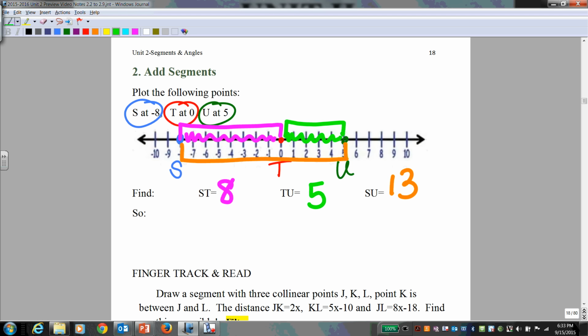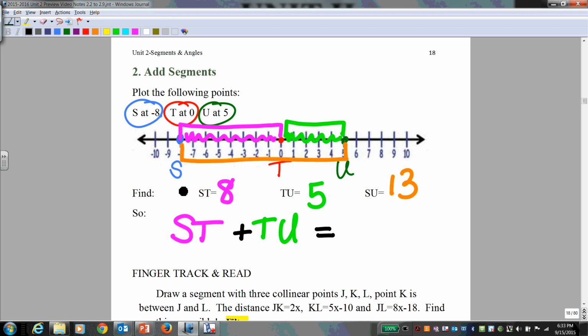So for example, the distance of S to T plus the distance of T to U. Notice I'm not using segment symbols because that technically means the distance. I'm color coding it for you.